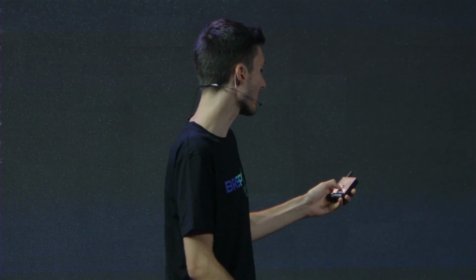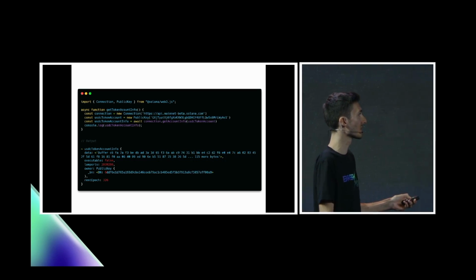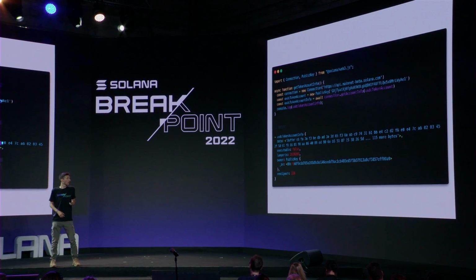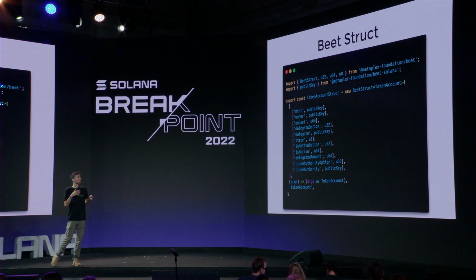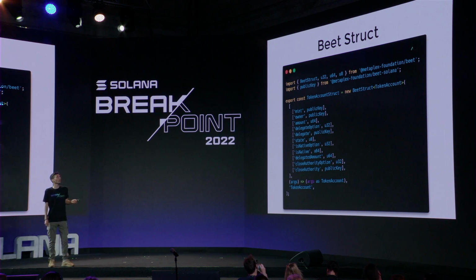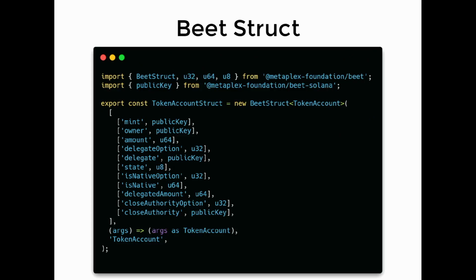So this is how to fetch the data from the blockchain. But as you can see here, the data is not really usable because it's a buffer, and you would like to have a real object that we can use. So you need to decode this buffer. To decode this buffer, you can use whatever you want, but in the example, we'll use the Metaplex Beet npm package that will help us to decode the buffer that we had previously.